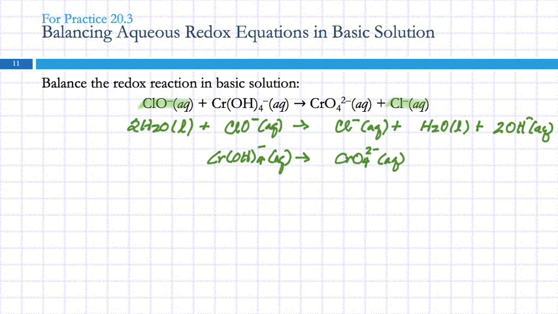What else could I do? Could I simplify that some more? I've got 2 water molecules here, and I've got 1 water molecule there. What if I subtract a water molecule from both sides?